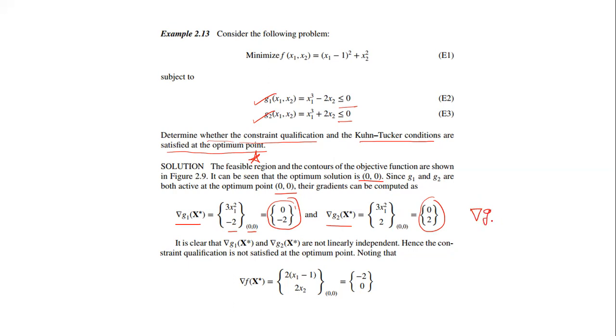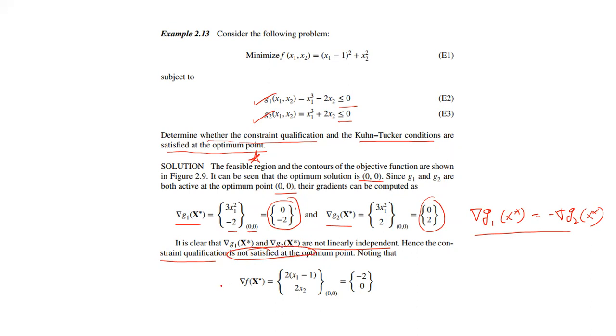The gradient of G1 at x star can be written as minus the gradient of G2 at x star. Since we can write it as a linear combination, they are not linearly independent, so our constraint qualification is not satisfied for this optimum point.